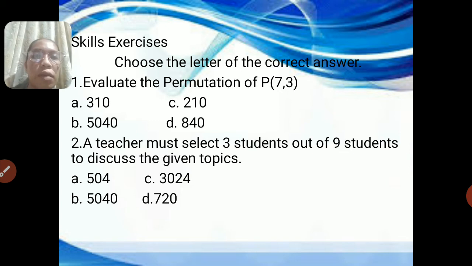A, 310; B, 5040; C, 210; D, 840. Number 2, a teacher must select 3 students out of 9 students to discuss the given topic. A, 504; B, 5040; C, 3024; D, 720.